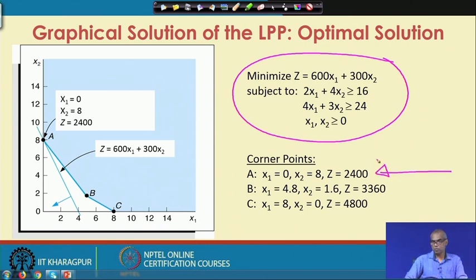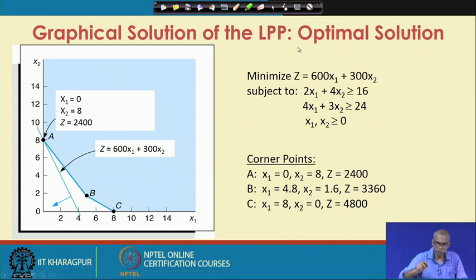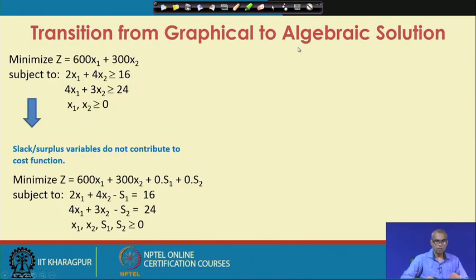The objective function value is minimum at point A. Now, let us introduce slack variables or surplus variables, whichever is required, to convert these inequality constraints to equality constraints.